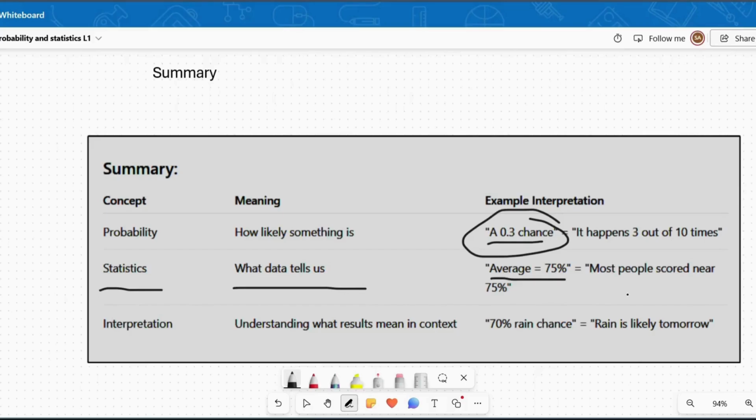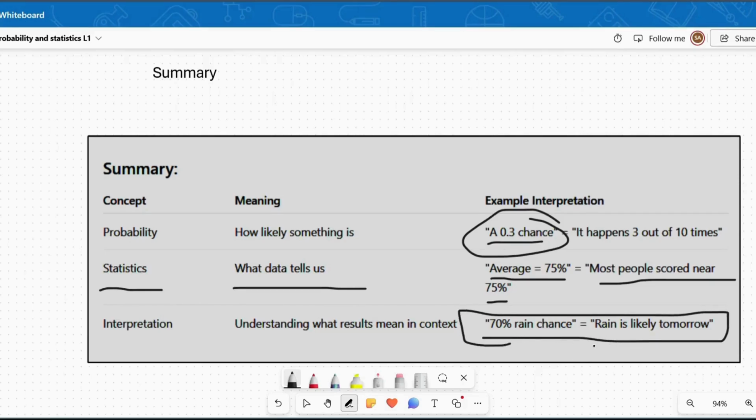Average is equal to 75%. Most people score near 75%. You observe the data, then you represent the data as 75%. Interpretation, understanding what the result means in context. For example, a 70% rain chance means rain is likely tomorrow. This is the interpretation.